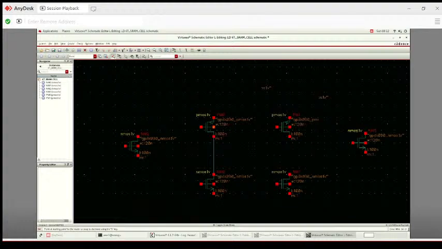Drain connection is done. Then we connect the source of PMOS, the sources of both PMOS, for VDD connections. Before that, let me connect this body terminal with the source terminal of the MOSFET. So for the first PMOS it's done. For the NMOS it's also done. The body terminal is connected with the source terminal.